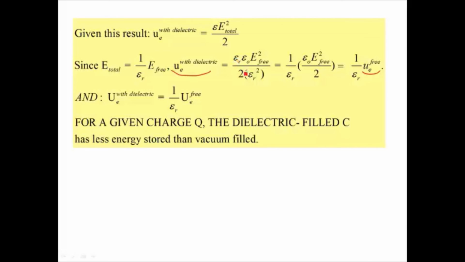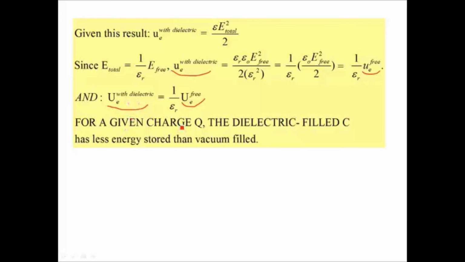You put that in and you get a very simple relation where you just have 1 over epsilon R times U free. If you now integrate over the volume, you'll get the total potential energy with the dielectric, and that's 1 over epsilon R times the free value. So if you had no dielectric, you would have this quantity here. So you simply divide by epsilon R to get the potential energy with the dielectric.